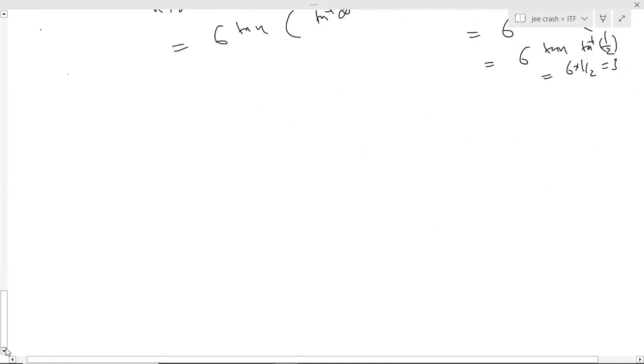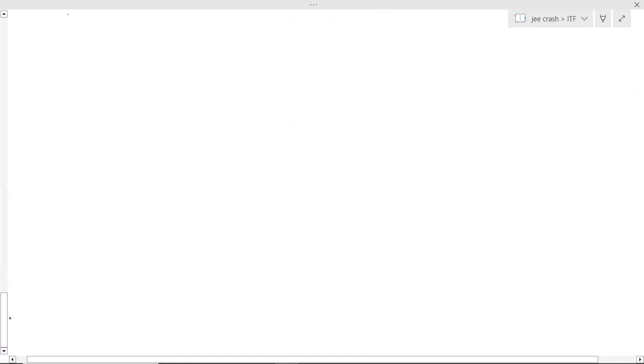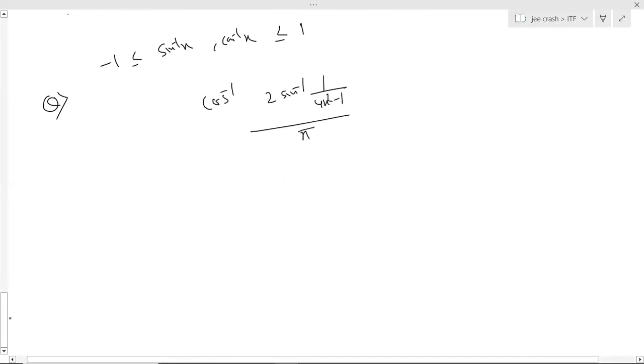All right, few domain type questions. Remember, domain of sine inverse x and cos inverse x is from -1 to 1. All right. So cos inverse of 2 sine inverse of (1 upon 4x square minus 1) whole divided by pi. Domain of this is dash.